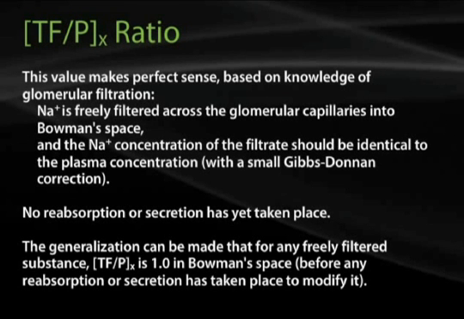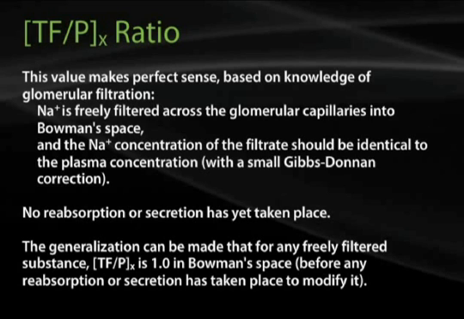This value makes perfect sense based on knowledge of glomerular filtration and handling of sodium in particular. Sodium is freely filtered across the glomerular capillaries into Bowman space. The sodium concentration of the filtrate should be identical to the plasma concentration with a small Gibbs-Donan correction. No reabsorption or secretion has yet taken place.